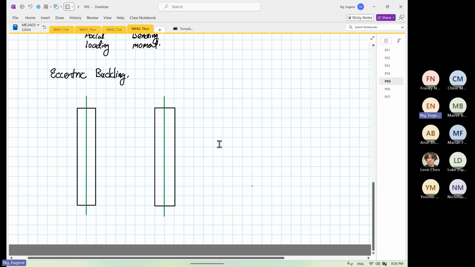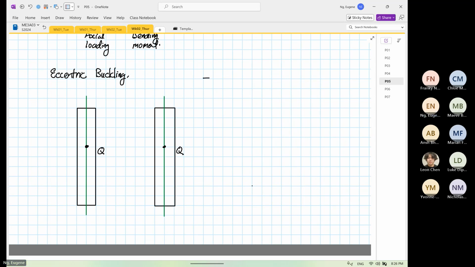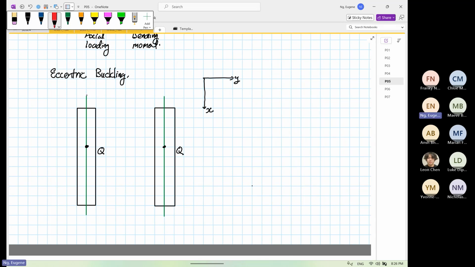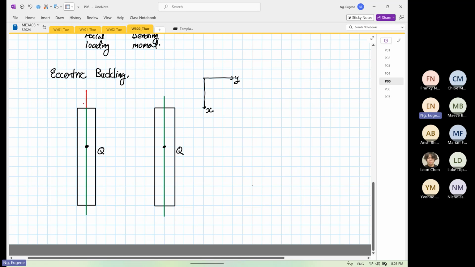Now I'm going to call a certain point my point Q. Again, I'm going to call this my Y, and this is my X. The column on the left-hand side, the load is applied on the geometric centroid.